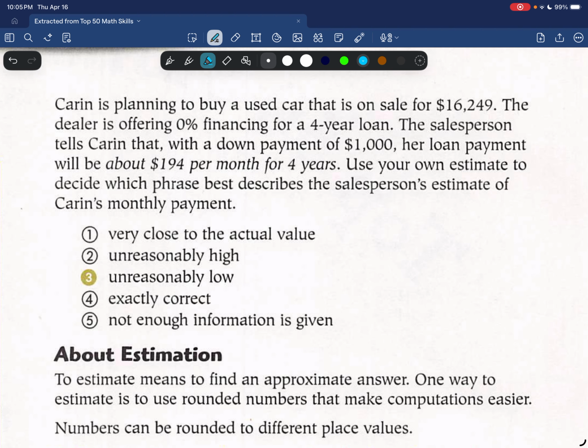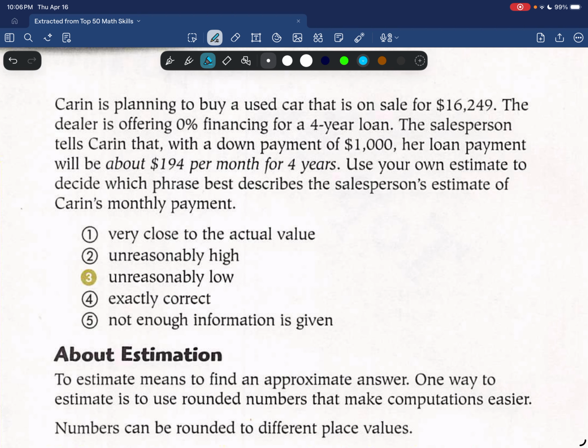The salesperson tells Karen that with a down payment of $1,000, her loan payment will be about $194 per month for 4 years. Use your own estimate to decide which phrase best describes the salesperson's estimate of Karen's monthly payment.